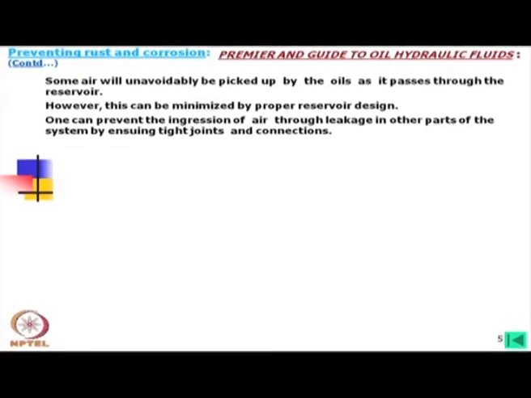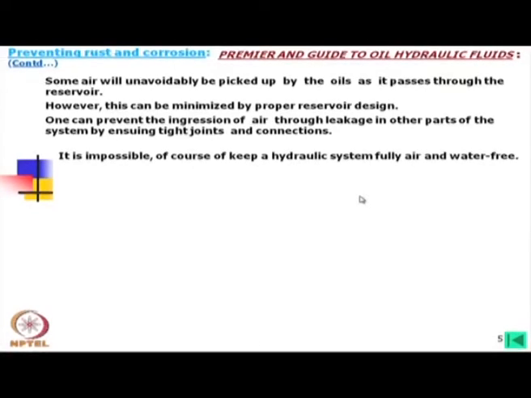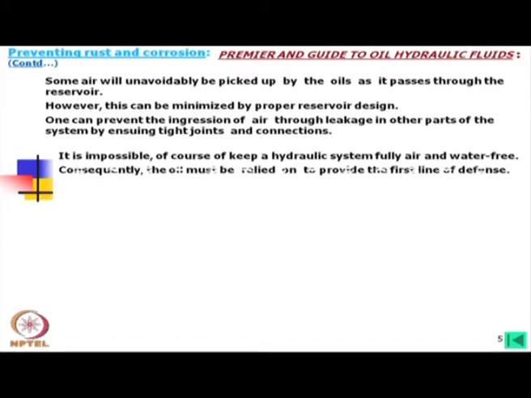Sometimes what happens is, due to a leakage path on the other side of the components, through the joints or something, the air also gets mixed up. So, we have to make such joints leak proof as much as possible. It is impossible, of course, to keep a hydraulic system fully air and water free. Consequently, the oil must be relied on to provide the first line of defense.